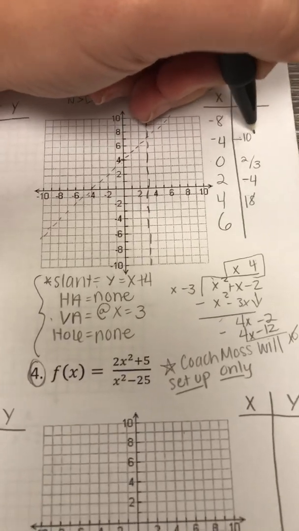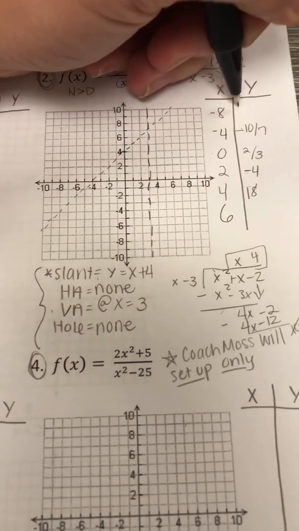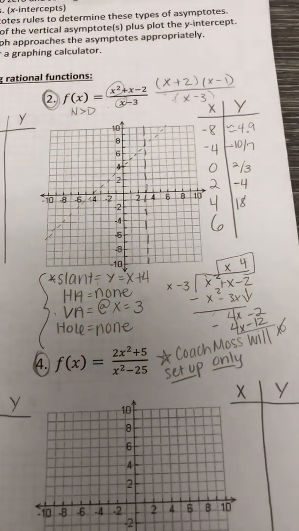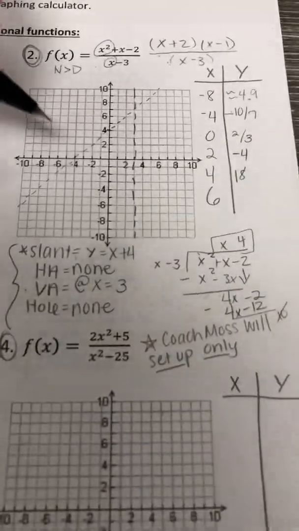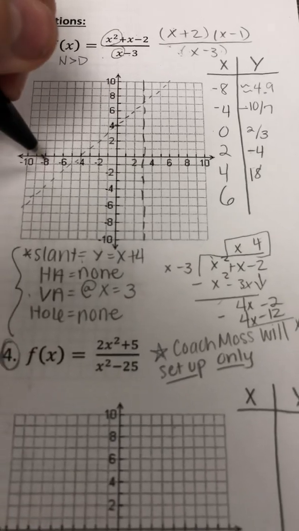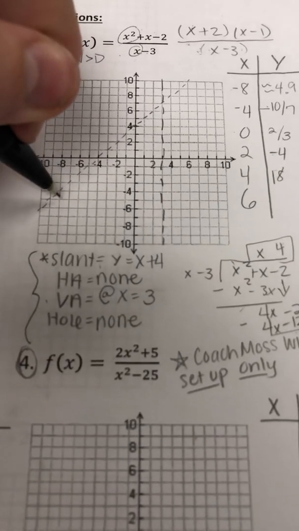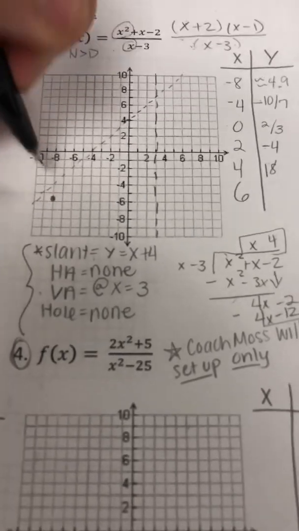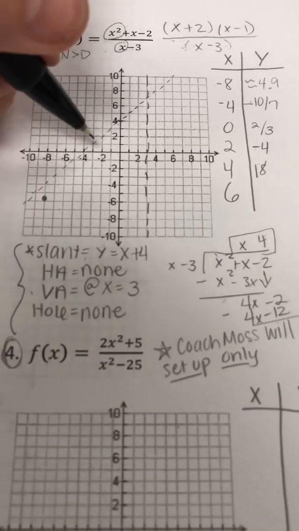I recommend using a calculator because it's going to take a little bit of time. When I plugged these in, these were approximately the things that I got. At -8, we have almost -5, so I'm just going to stop it right there. In that general area, you're still going to get a good picture of what it's going to look like.